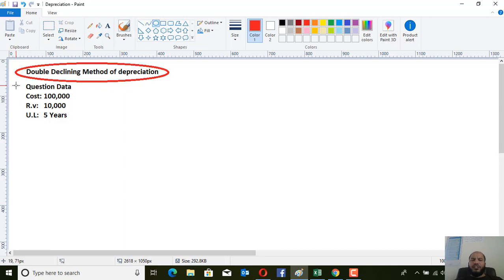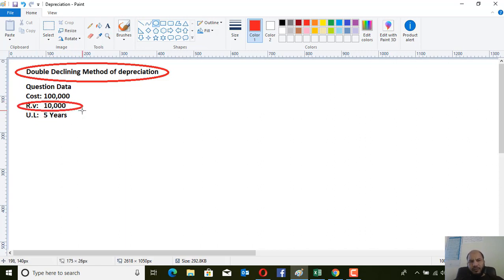The ComAir manager is entrusted to prepare the depreciation schedule for one of the machinery. The machinery cost is 100,000 rupees, and the residual value of this machinery is 10,000. Please do not be confused by the term residual value.